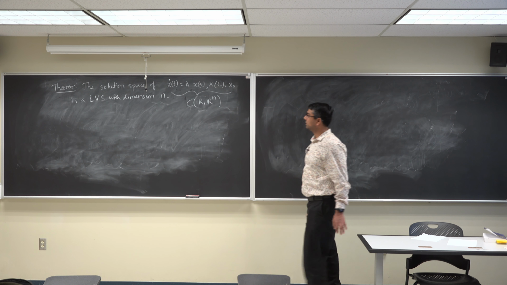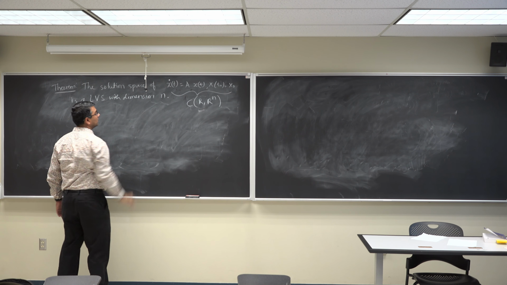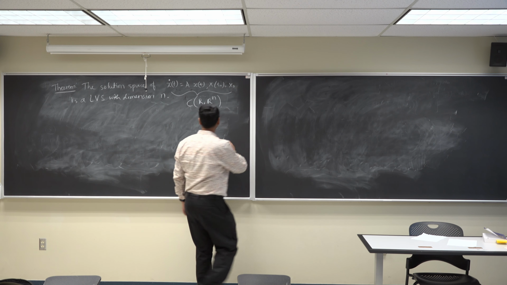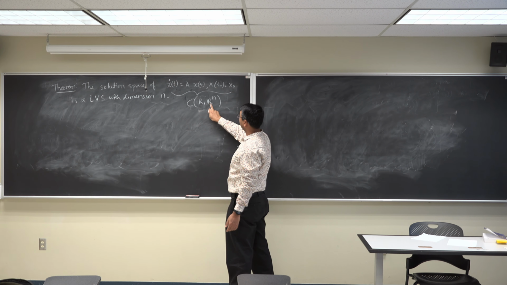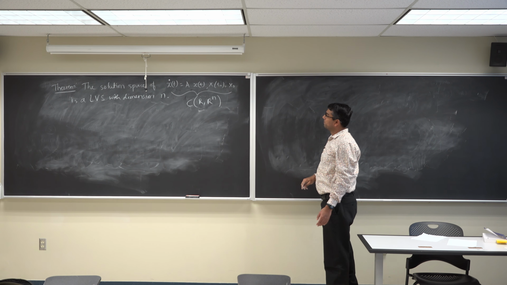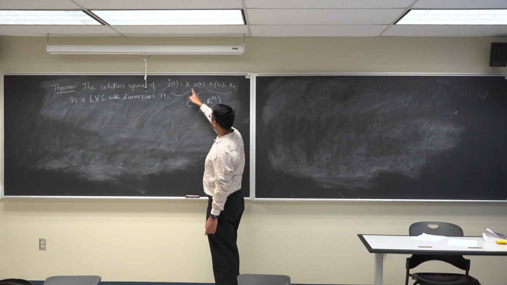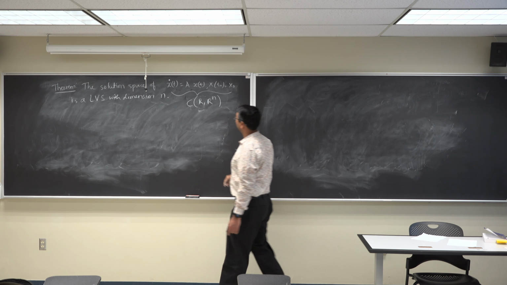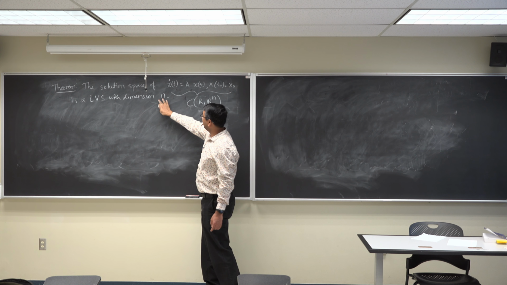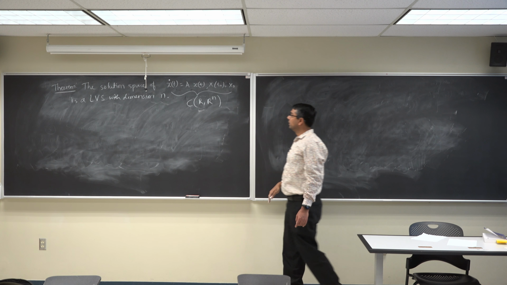If I do not show you this part, this is an infinite dimensional space: the space of continuous functions that take as input time and output a vector in R^n. However, the cool thing is that the solution space for this differential equation is actually an n-dimensional object within this infinite dimensional space.